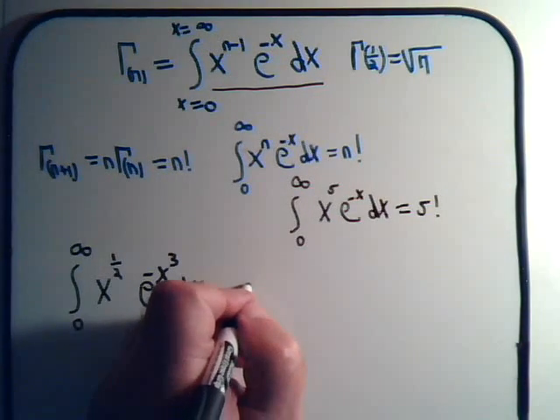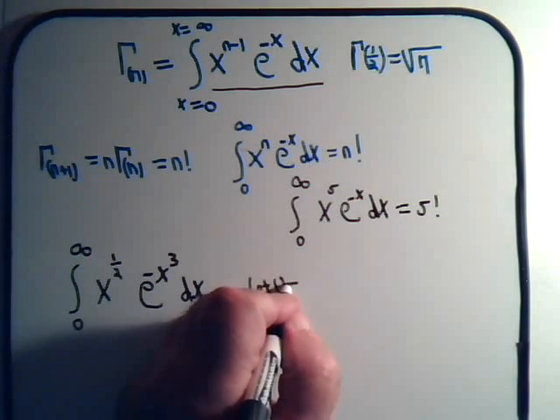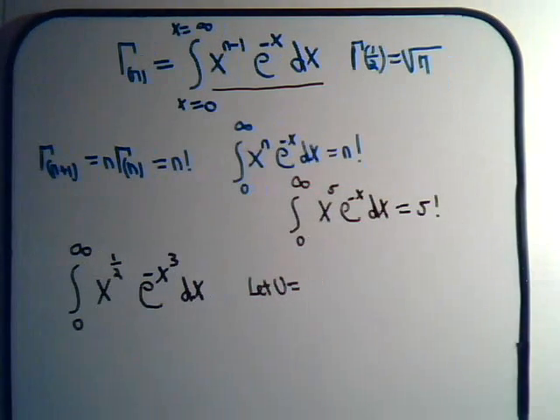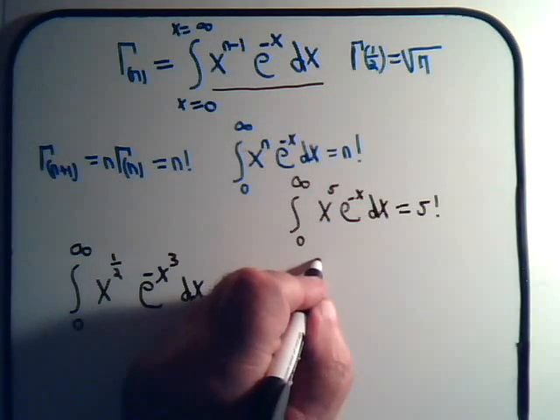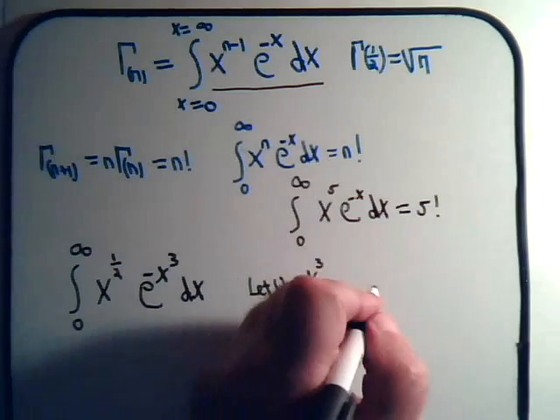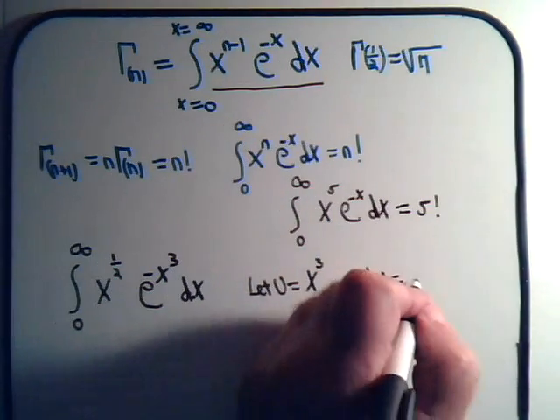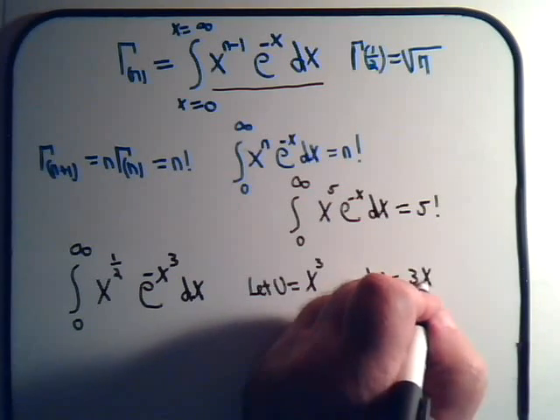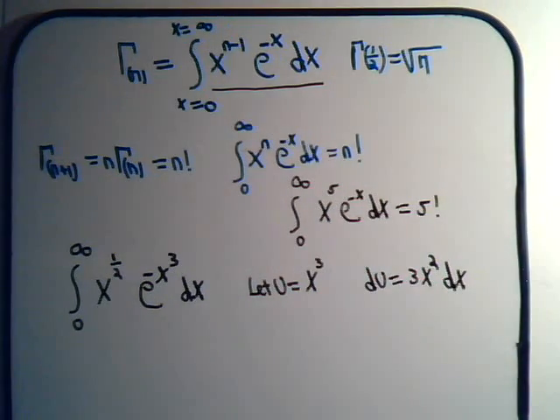So we'd start off saying, let u be equal to x cubed. So du will equal 3 times x squared dx. Now what we want to do here is replace the dx in this integral.